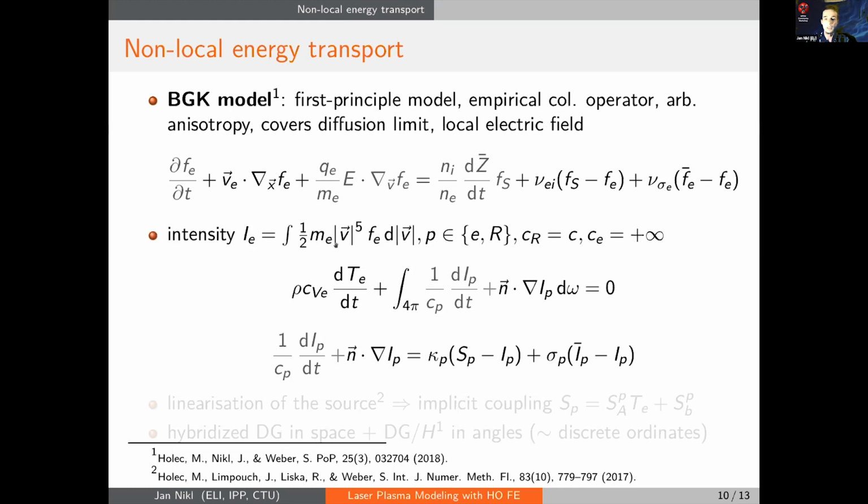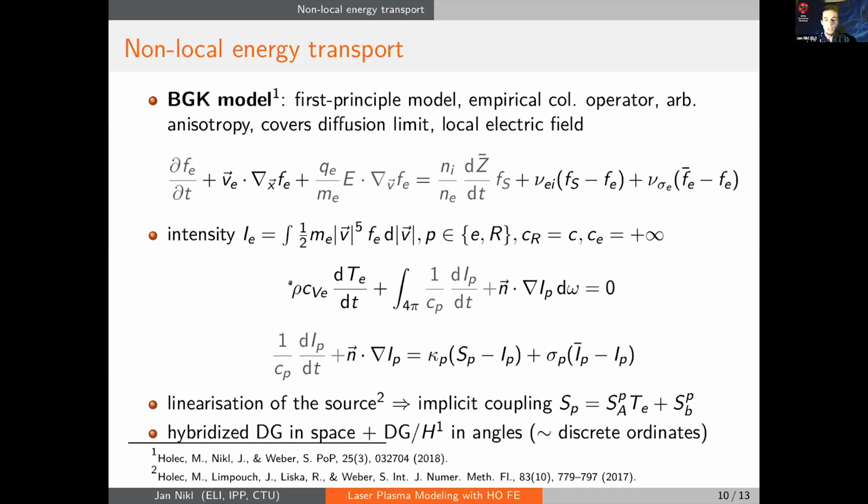So it's still a multi-D problem. And what we obtain is a structure very much familiar to everyone doing radiation transport. So we may solve for electrons and photons in a single loop here.